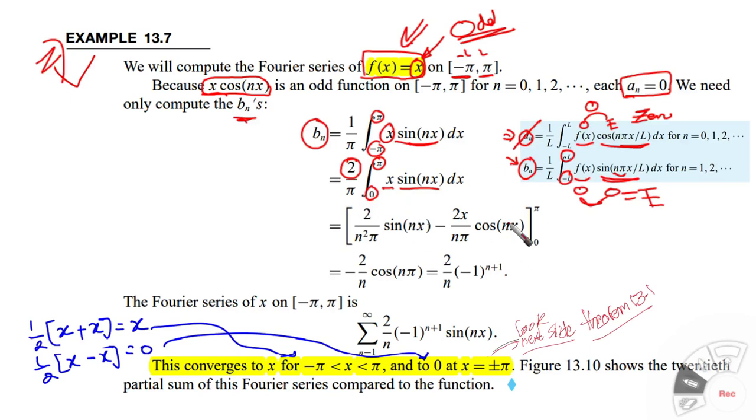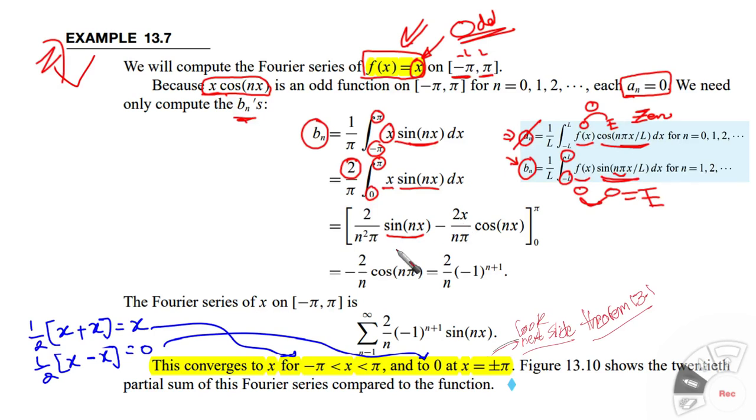This is a simple definite integration. We can obtain it by integration by parts, and we are going to obtain 2 over n squared pi sine nx minus 2x over n pi cosine nx, from 0 to pi.